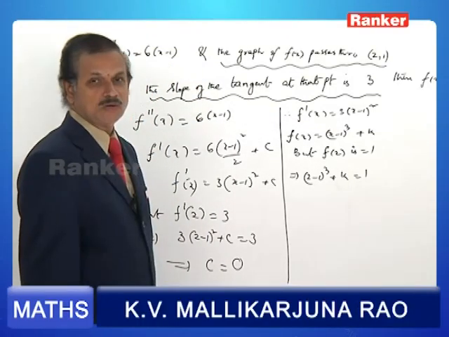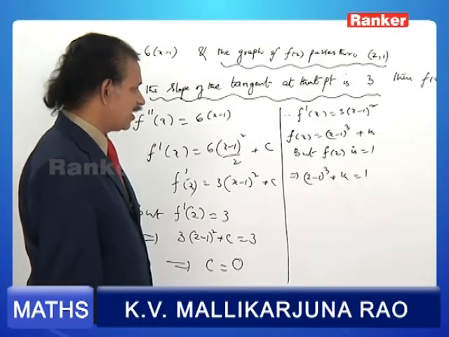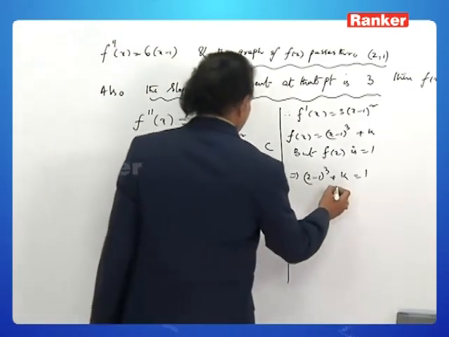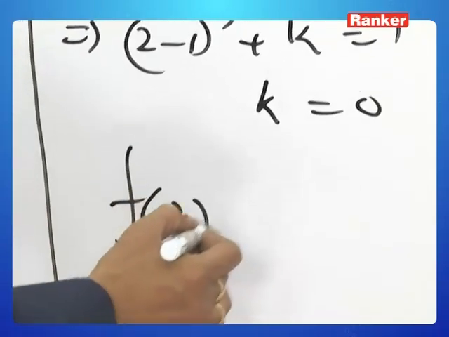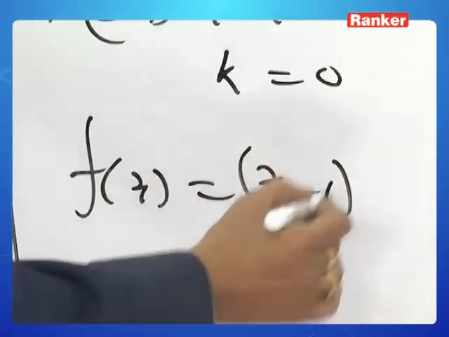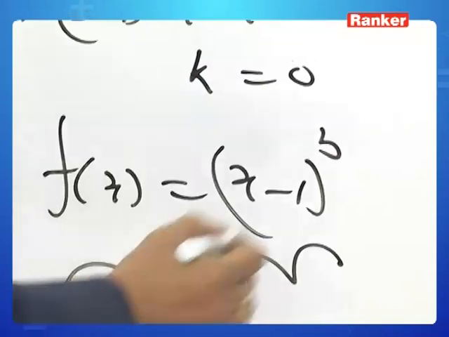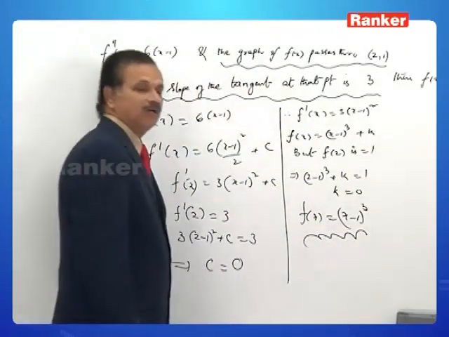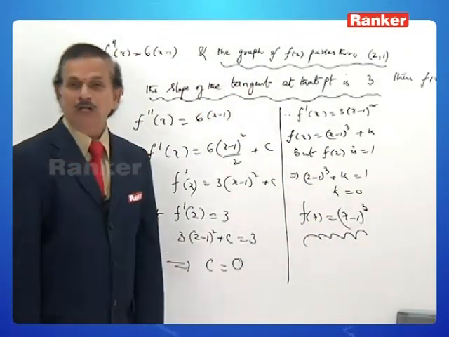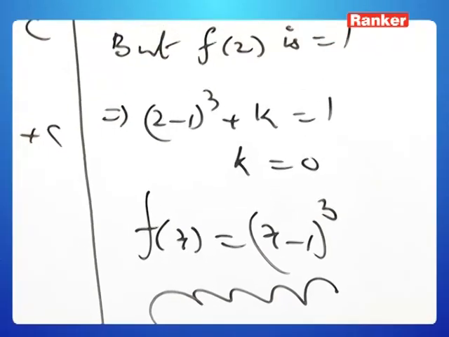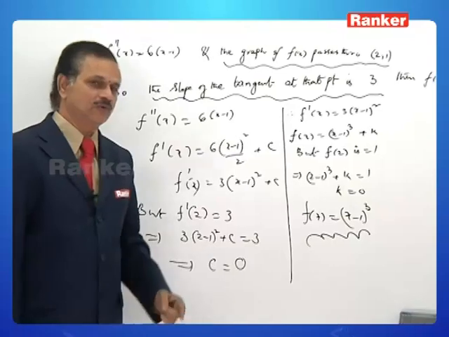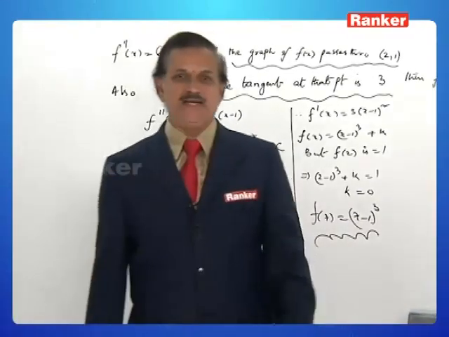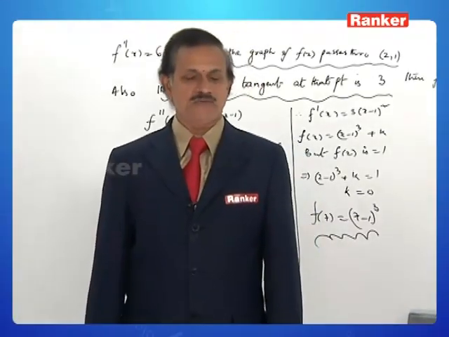What is 2 minus 1 whole cube? 1 cube is 1. 1 and 1 go away, leaving you k is equal to 0. Therefore, f of x is equal to, what is f of x? Just x minus 1 whole cube. You look at that, how simple it is to estimate. Of course, it is very essential to go through every inch of the data. You are supposed to make use of that.